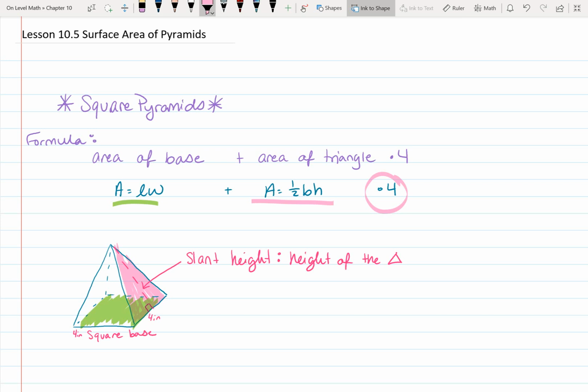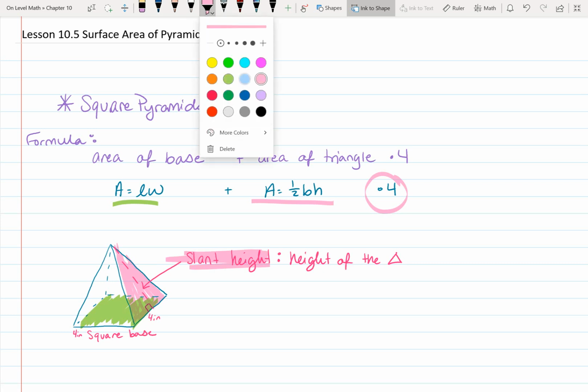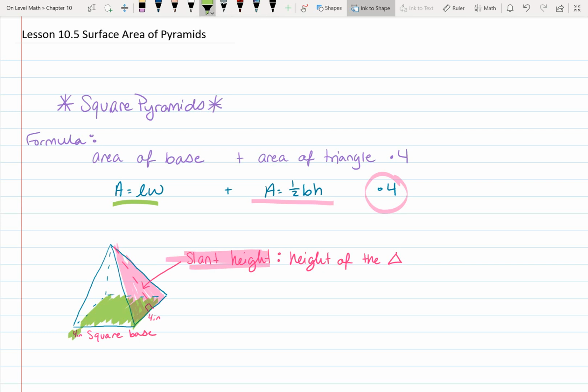Now, what's different here than what we had with the prisms is this new vocab word, and it's called slant height. So our length and our width for the base is 4 by 4, right? So length and width is pretty straightforward. However, the base and the height of the triangle, that's a little different.